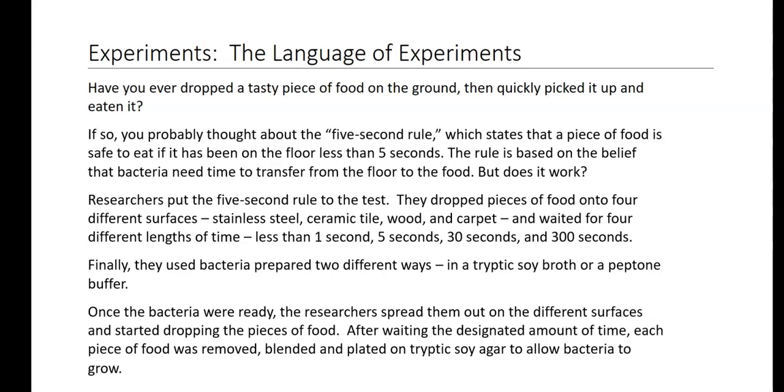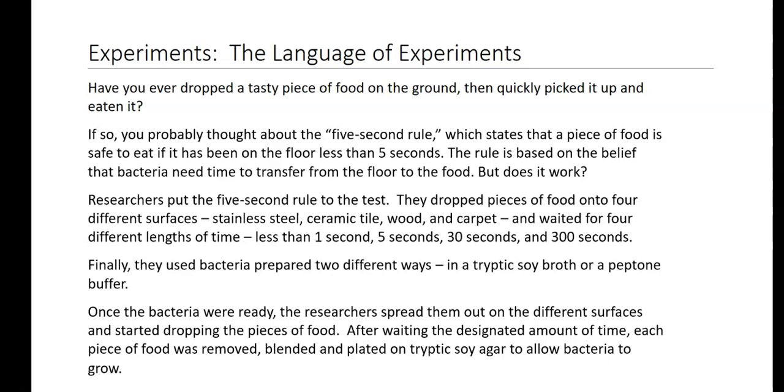Another factor might be a length of time. And there were 4 levels of those, I should say: 1 second, 5 seconds, 30 seconds, and 300 seconds. So there's 2 different factors there, 4 levels each. And there's one more there. The way they prepared it, I don't know how you want to say that, is the other factor. The levels of those are the soy broth and the peptone buffer.